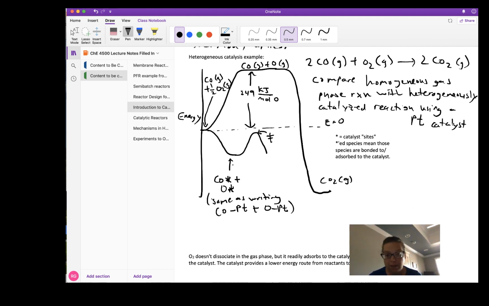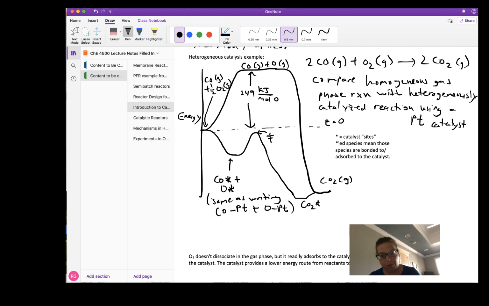What's happening here, the oxygen on the surface and the carbon monoxide are combining. This is not drawn to scale, but basically they're going to combine to form adsorbed CO2. Adsorbed CO2 from an energy perspective is slightly more favorable than CO2 gas. And then the CO2 will desorb to form the CO2 gas.